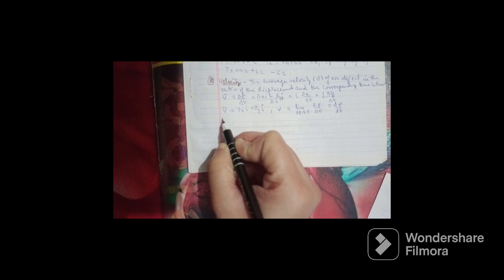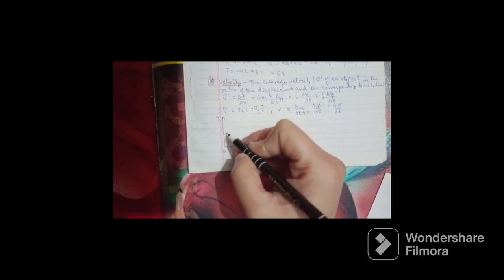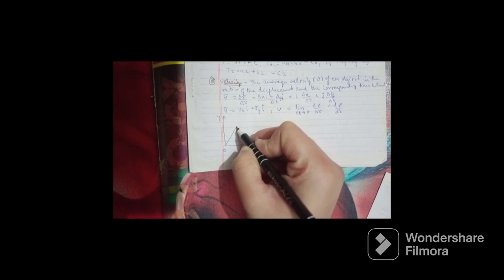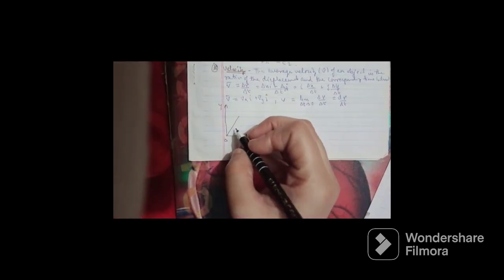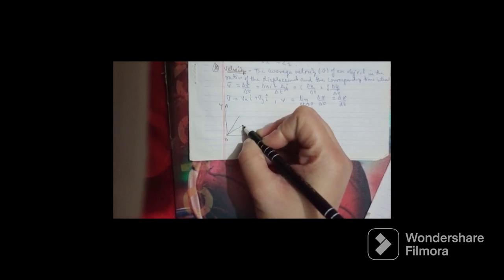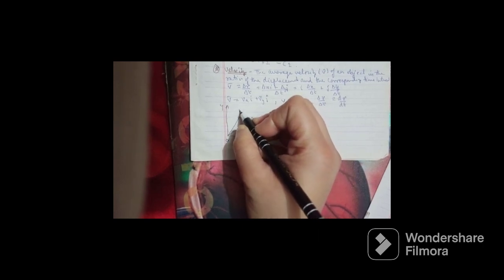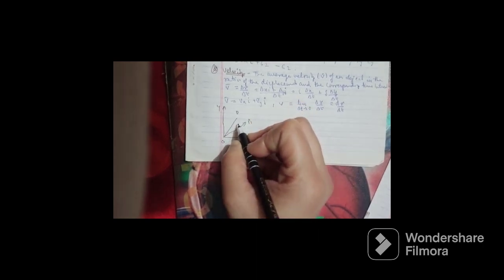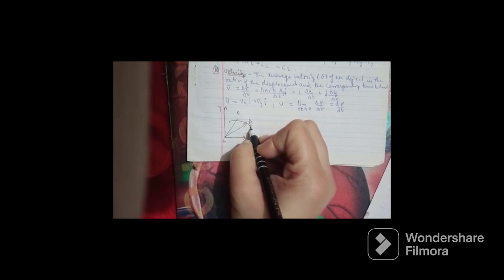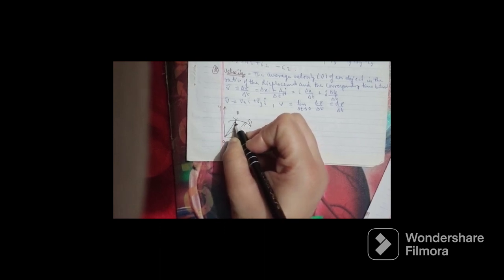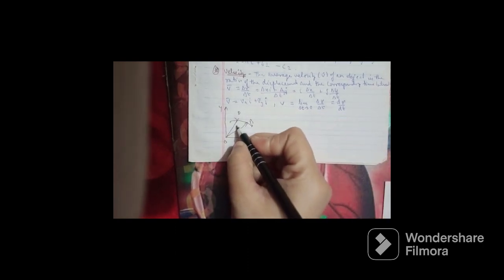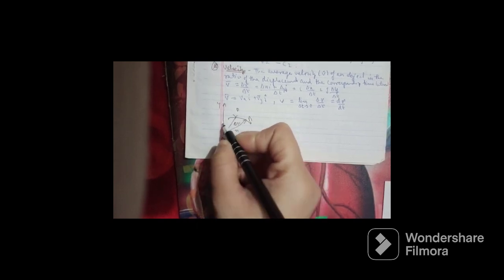X, 0, this is y. This is P1, P, and the arc goes from here to here, that is from P1. Here, delta r1, this is r1, this is r.